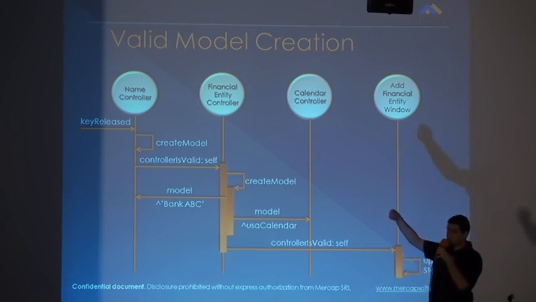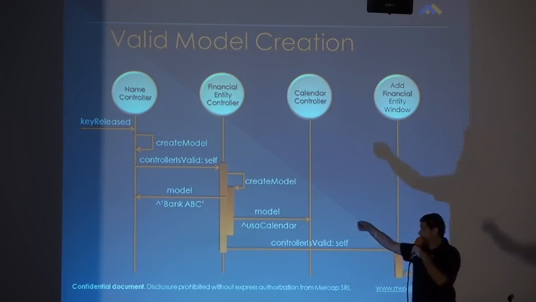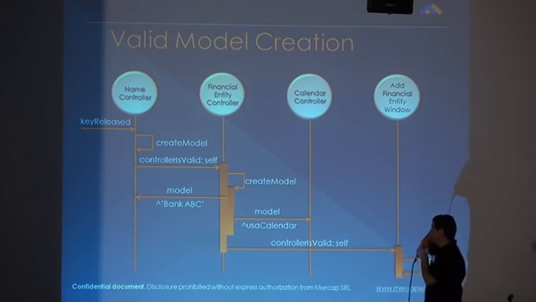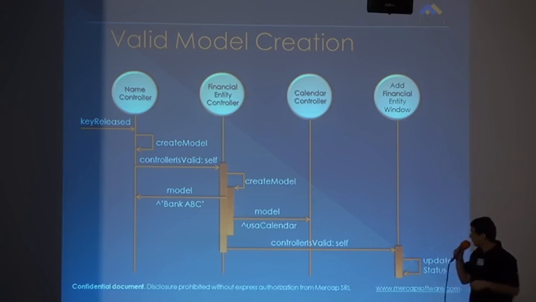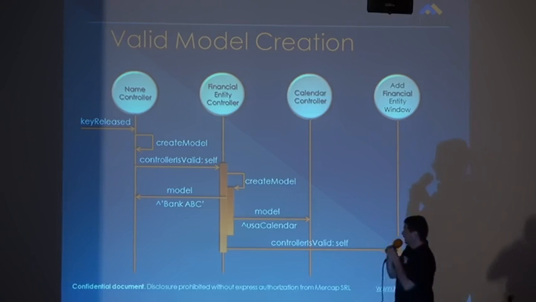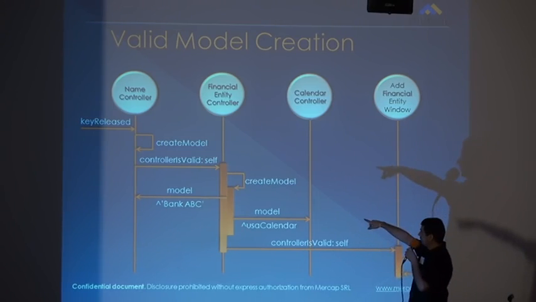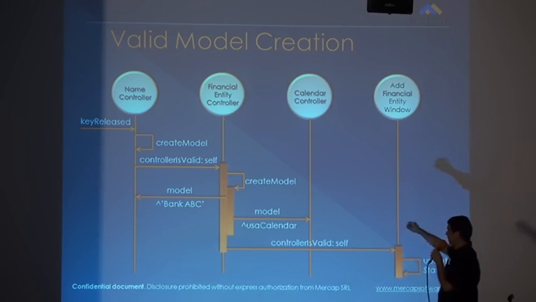Basic controllers generally subscribe to events of the user interface objects, and in this case the name controller subscribes to the key release event, and when it receives the notification it tries to create its model. In the case we analyzed, we typed bank ABC, so it creates its model, which will be the string bank ABC, and it notifies its parent that it has a valid model.